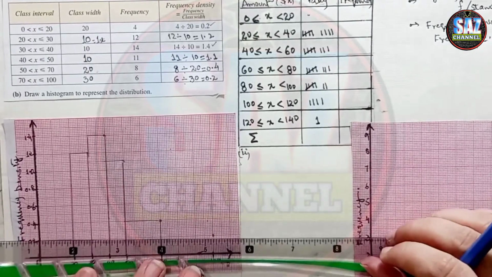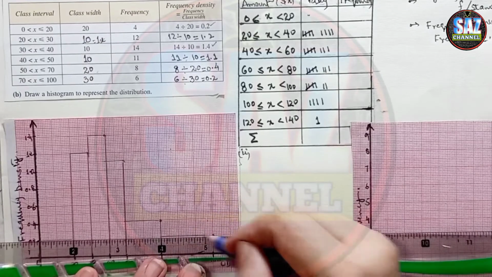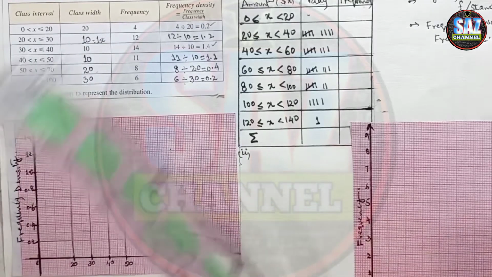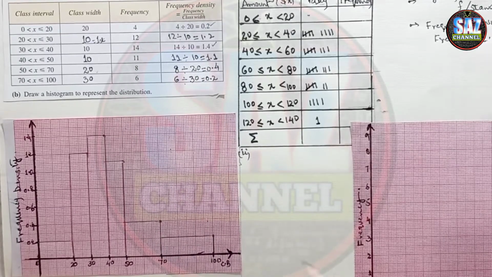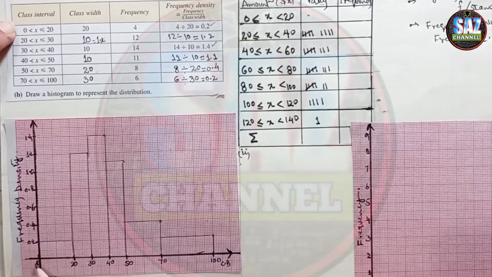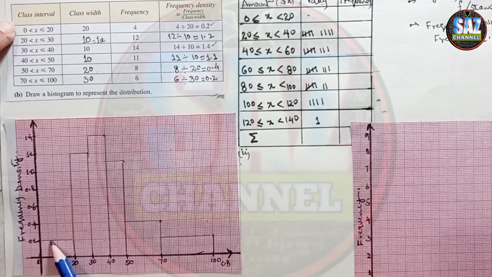We are successfully completing our histogram, but before going over it with a ball pen, we have to recheck. The first class has a width 0 to 20 and the frequency density is 0.2.